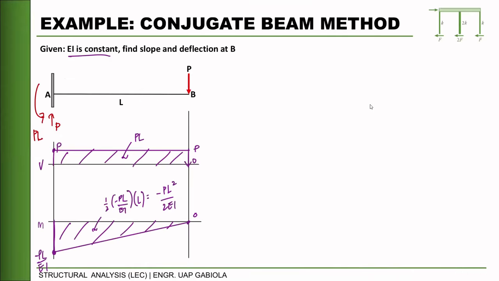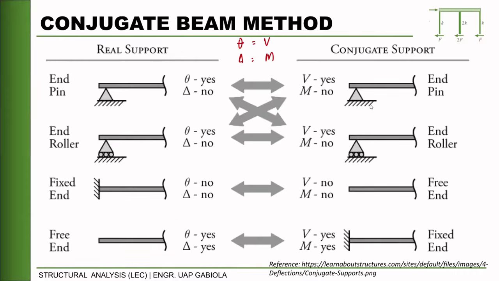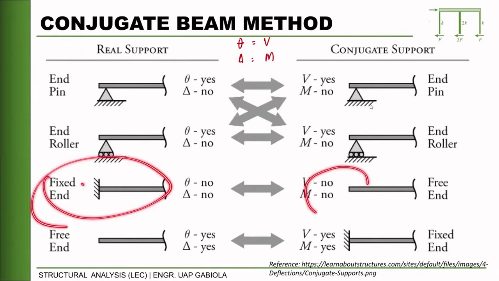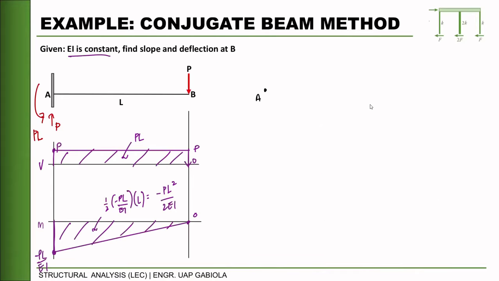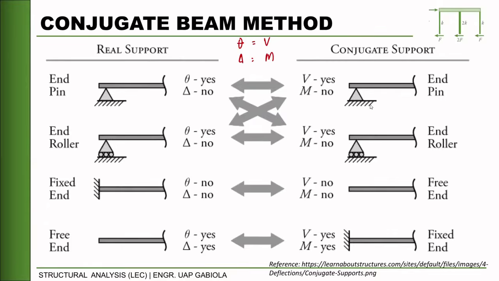Looking at the left support, A, that is a fix. From our diagram, if it's fixed in the real beam, we make it free in the conjugate beam, so there is no support at that end. The opposite applies to point B: from free, it becomes fixed.